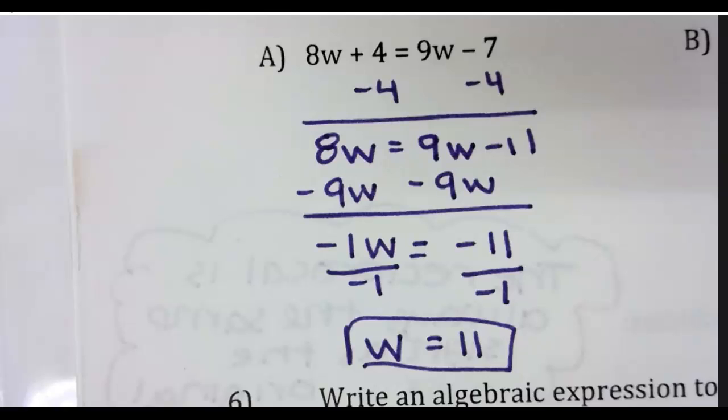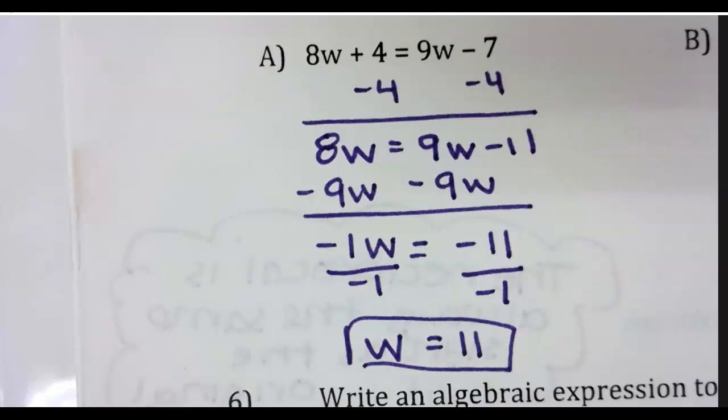So you want to subtract your 4, subtract your 9W. Once you get W's on the left and numbers on the right, divide by negative 1, and you get W equals 11.